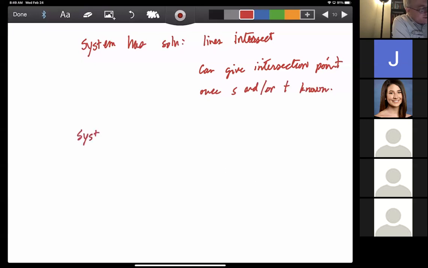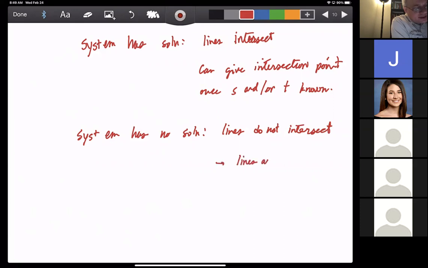If the system has no solution, that means the lines do not intersect. And remember, we got to this point already assuming that the lines were not parallel. So if they're not parallel and they don't intersect, then they are skew in this case.